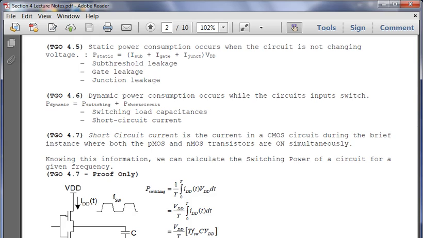So therefore, our switching power consumption is directly proportional to our switching frequency. It has a quadratic relationship with the supply voltage.